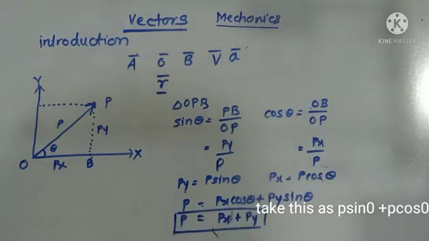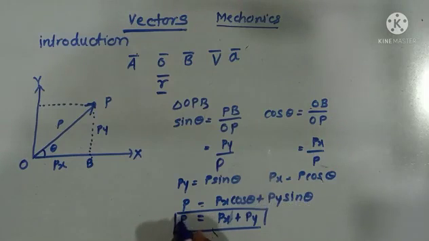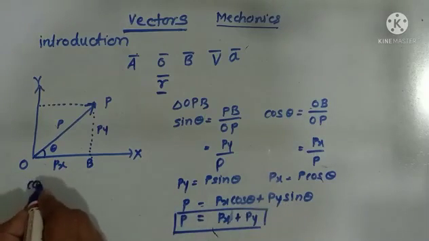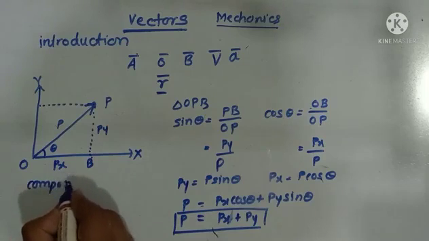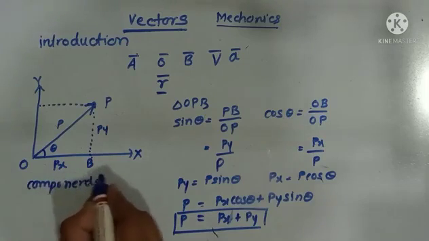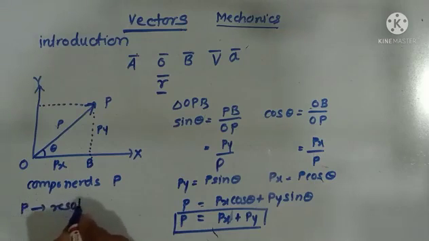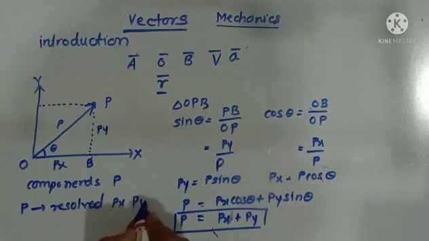So what is the meaning of this? It says that if there is a vector P making some angle theta with Px, then P cos theta and P sin theta will be the components of the vector P. Or we can also say that this vector P can be resolved into Px and Py.